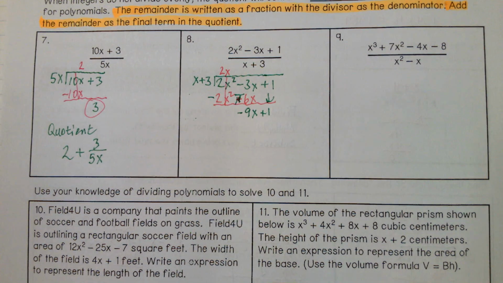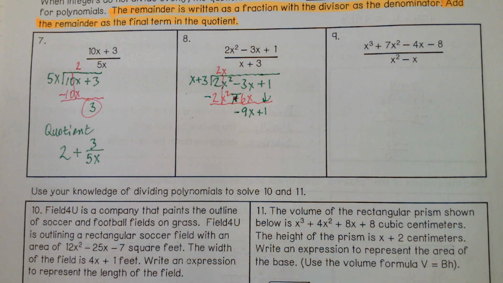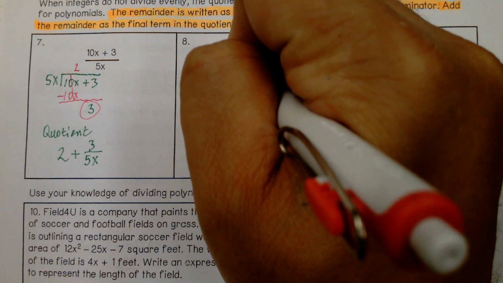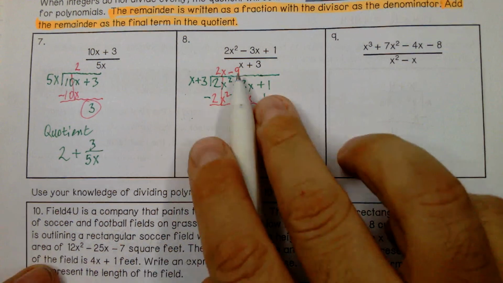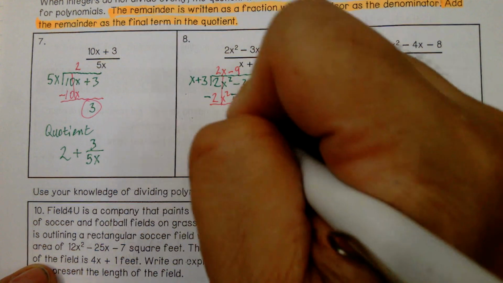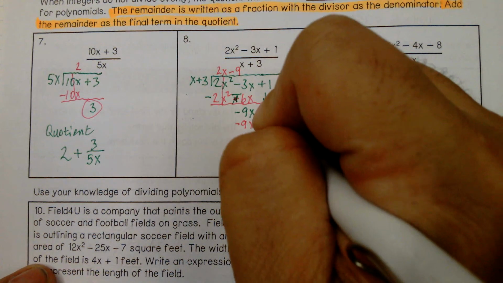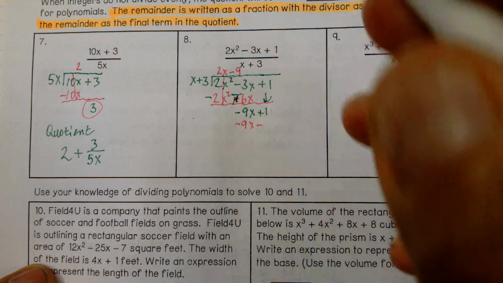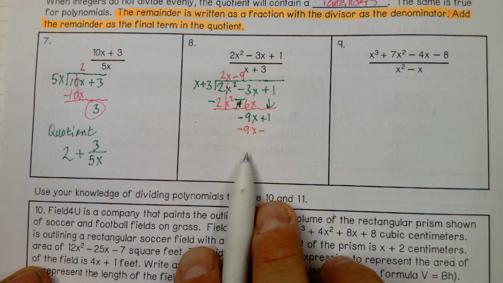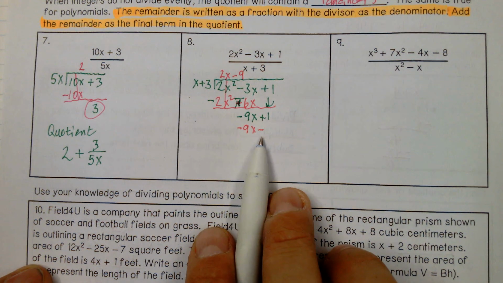Okay. So now x times what gives me negative 9x? Minus 9 then. So now let's multiply by negative 9. So this is going to be negative 9x minus, well, it's a negative times a positive. Oh, yeah, we haven't gotten there yet.